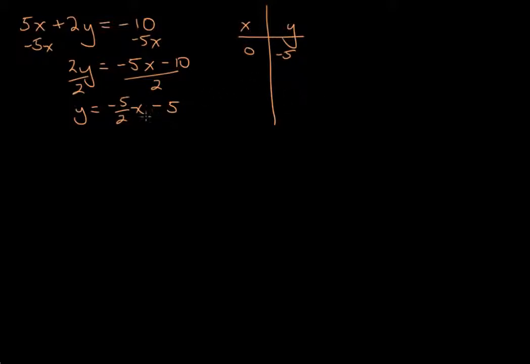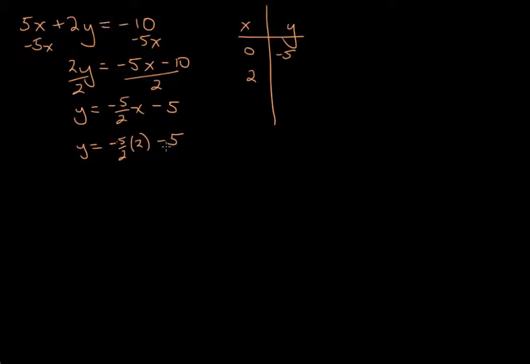Now I'm not going to pick x equal to 1 because then I have to deal with fractions and stuff, so I'm going to pick x equal to 2 next. If x is 2, we've got negative 5/2 times 2 minus 5 on this side. And so whatever y is equal to this. 2 divided by 2 is 1. Negative 5 times 1 is negative 5.